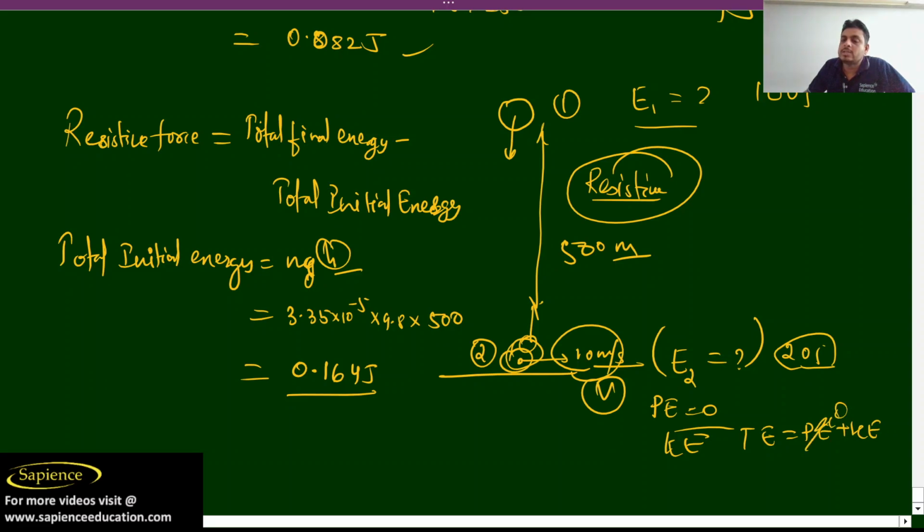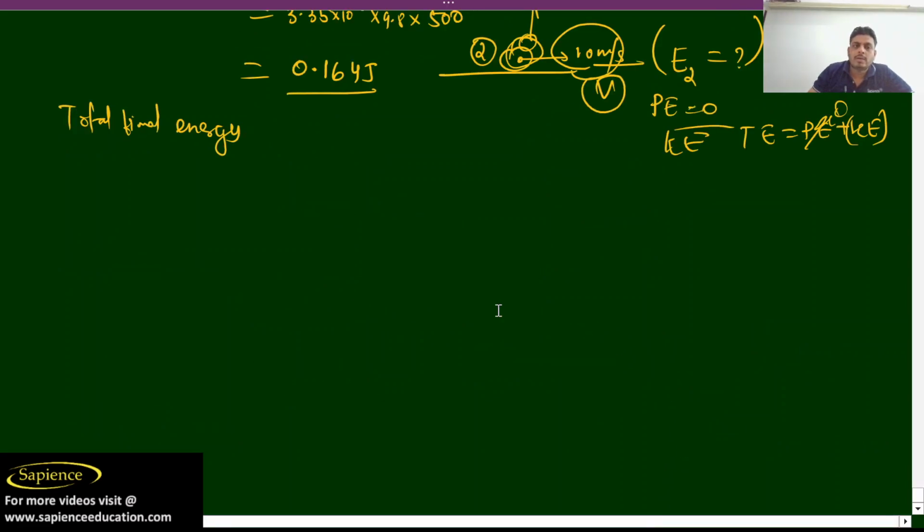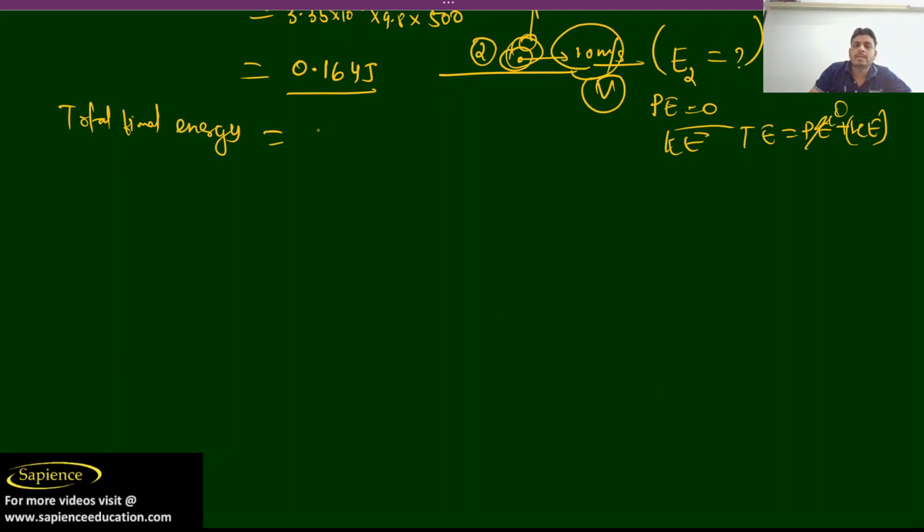Since potential energy at the ground level is zero, we get only kinetic energy as the total energy.